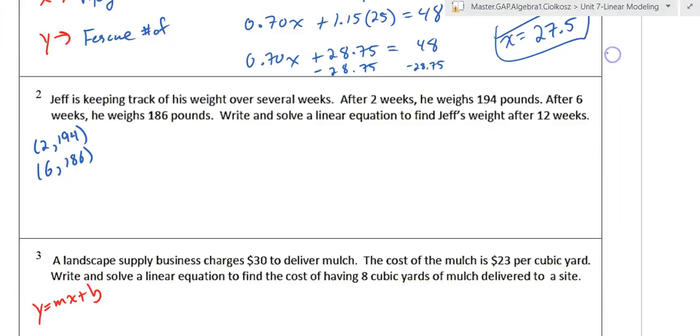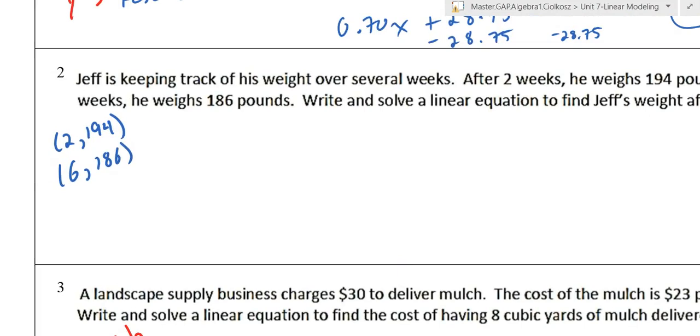So if we go ahead and start solving here, finding my slope, we find out our slope here is -2.